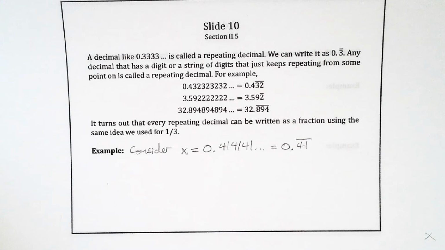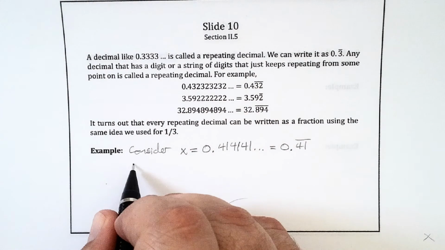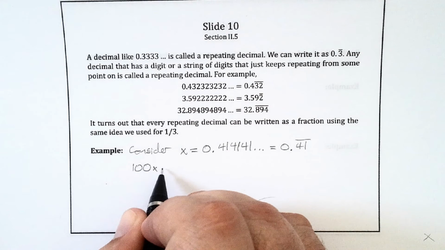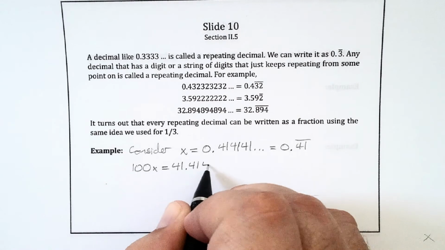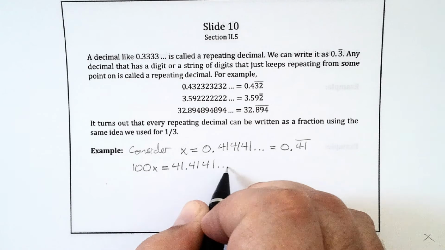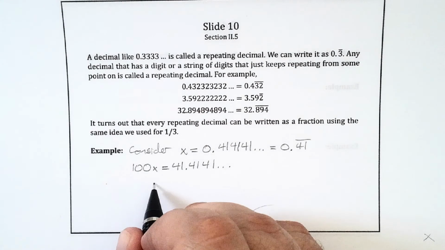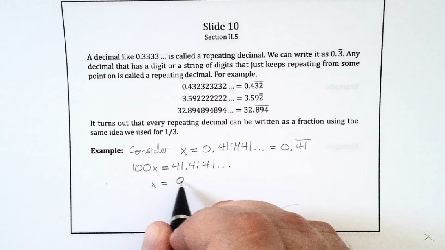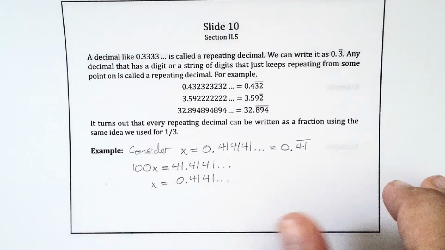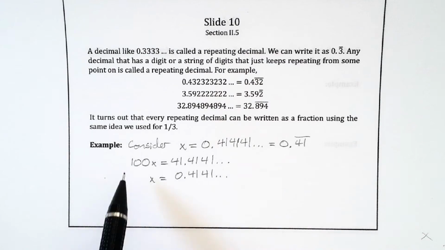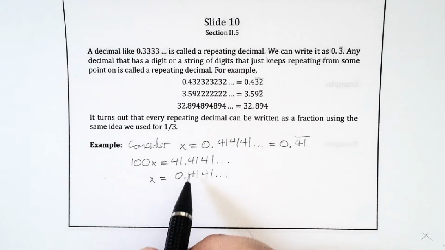Here I'm going to use 100 times x, which is 41.4141, dot dot dot. And then x itself is 0.4141 dot dot dot. You can see the reason I did 100x is because the 4's line up with the 4's and the 1's line up with the 1's.